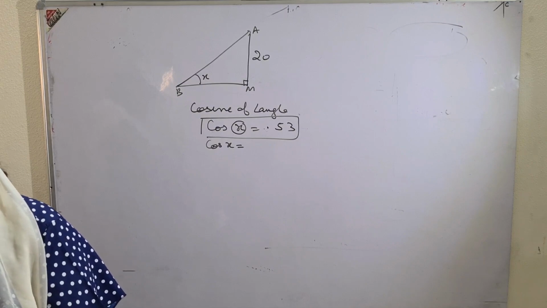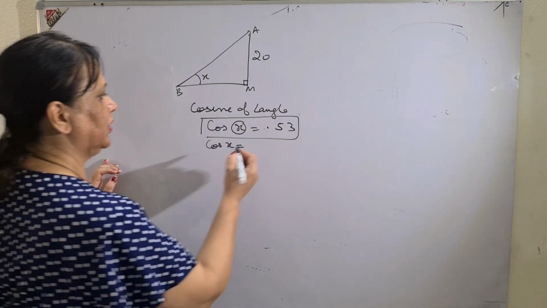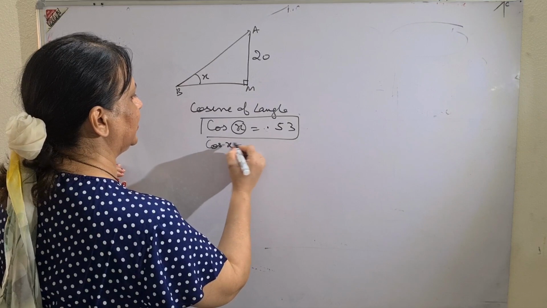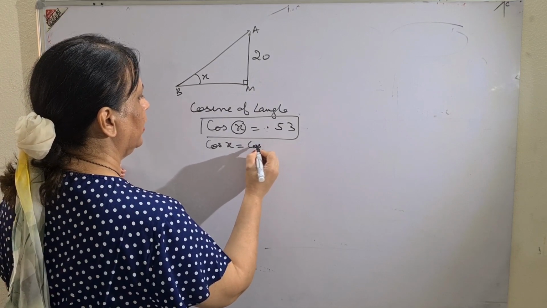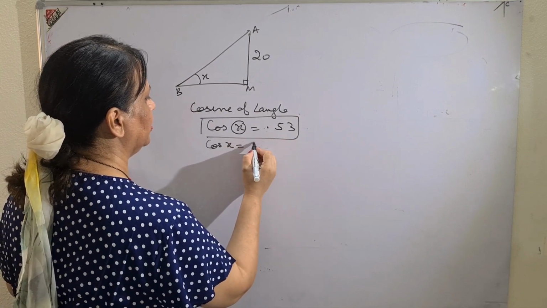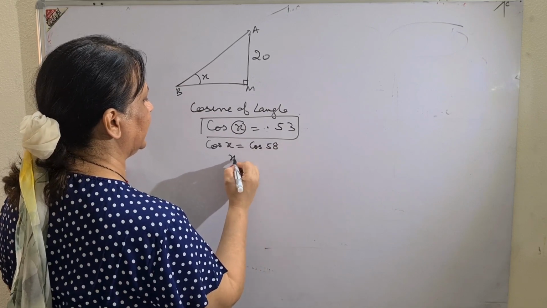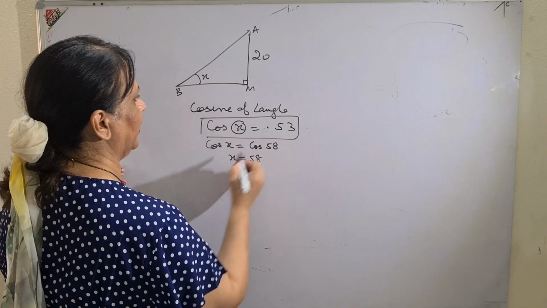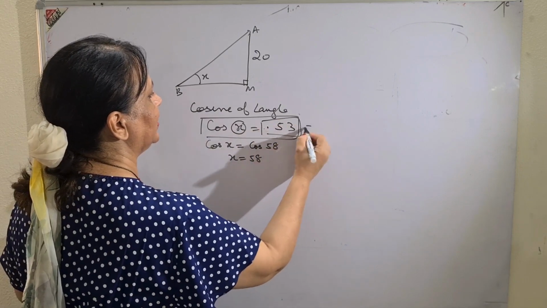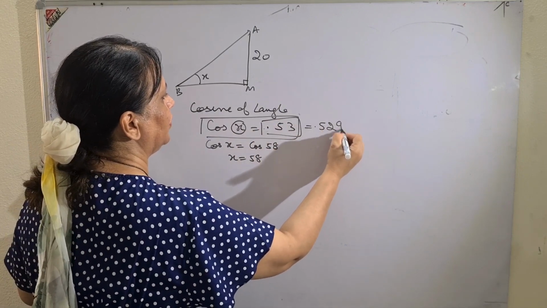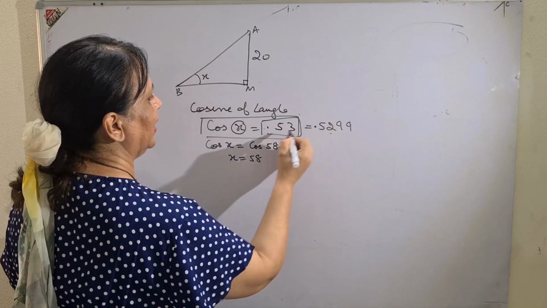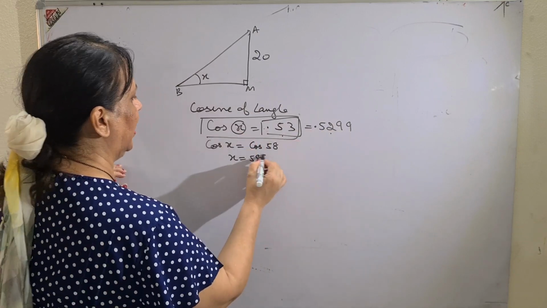That means x is 58. So 0.53 means cos of 58. That is x is equal to 58 on comparing, because 0.53 is almost equal to 0.5299, when we round off. I have got the x.